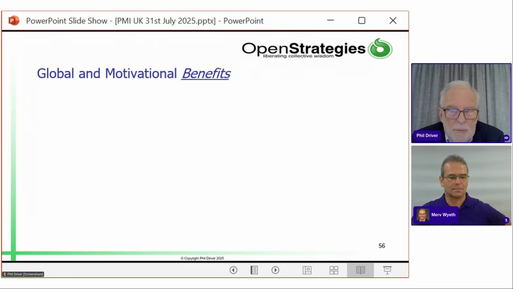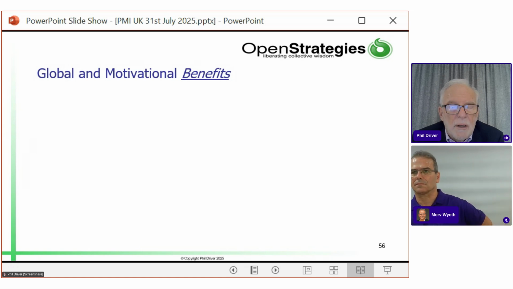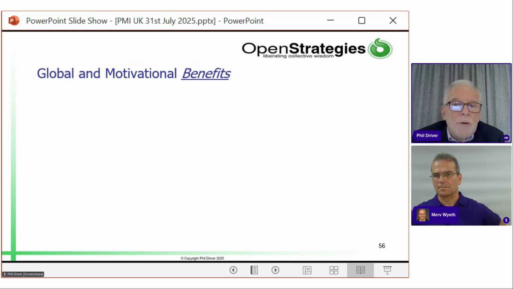And in our PRUB-Logic work, we've realized there's 2 different types of benefits: what I call global benefits, benefits to the environment and the general public and to society, and motivational benefits, which are benefits to the individual users. And this has really profound consequences, because you will not get your global benefits unless you have motivational benefits.